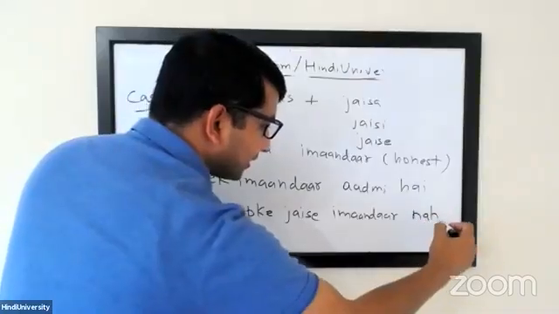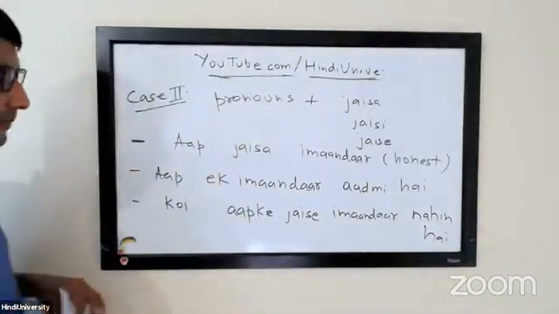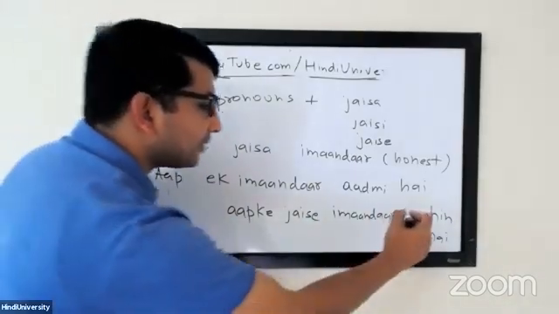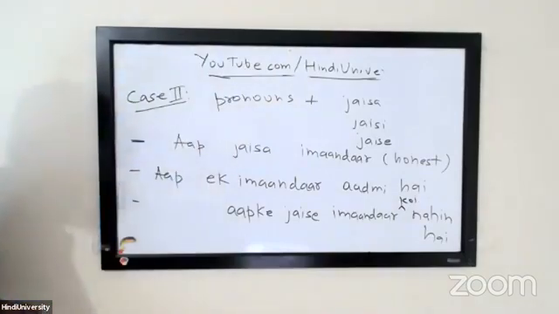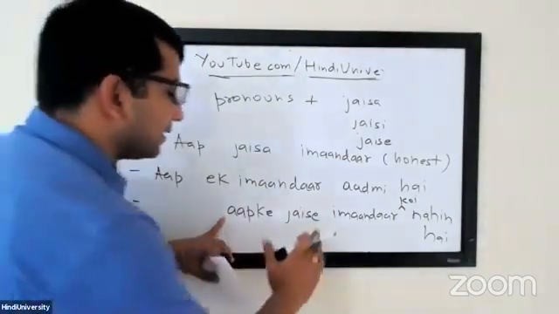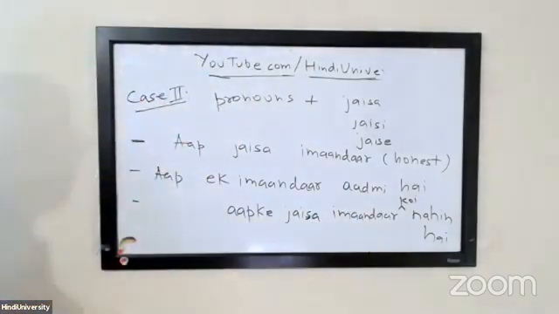No one is as honest as you. So either this, or if you want to put आपके जैसे ईमानदार कोई नहीं है. I can say आपके जैसा also: आपके जैसा ईमानदार कोई नहीं है.